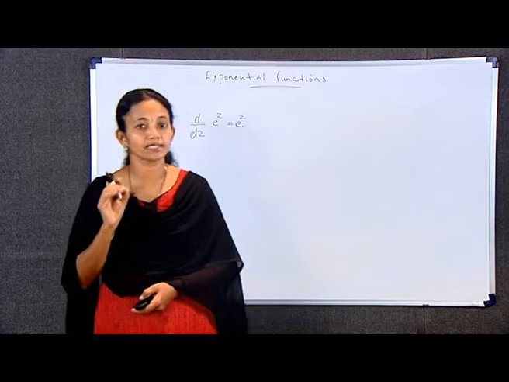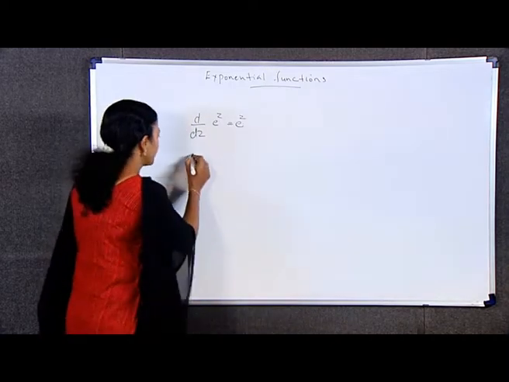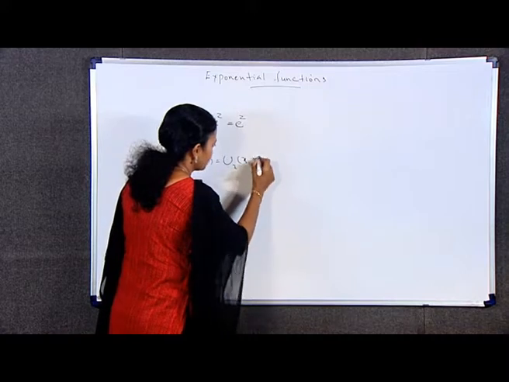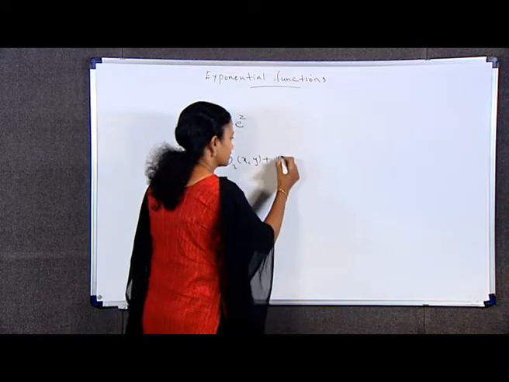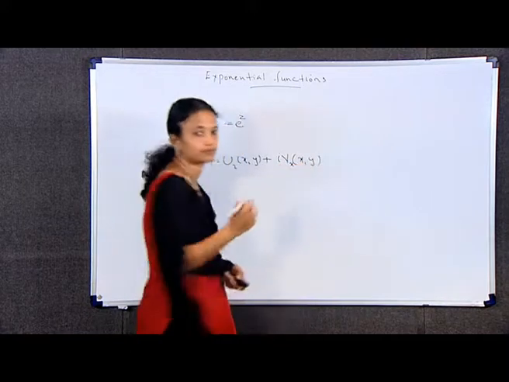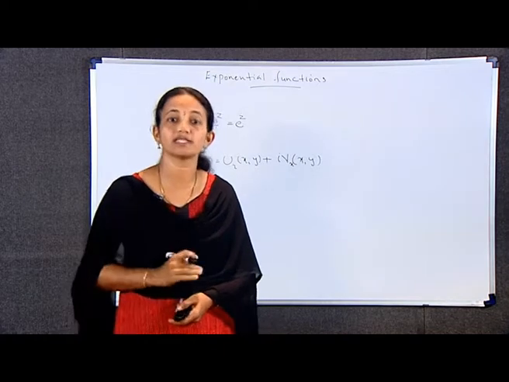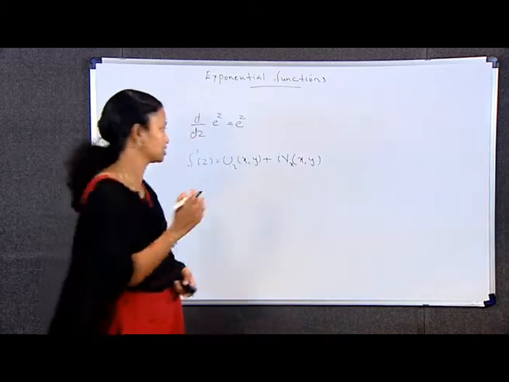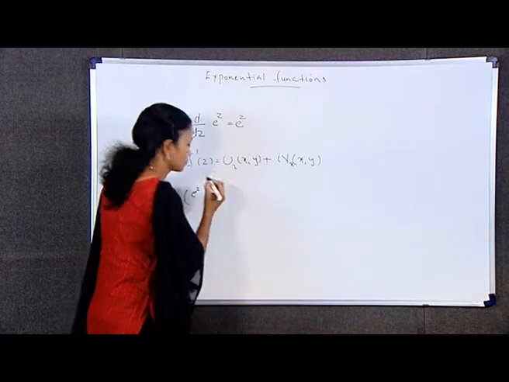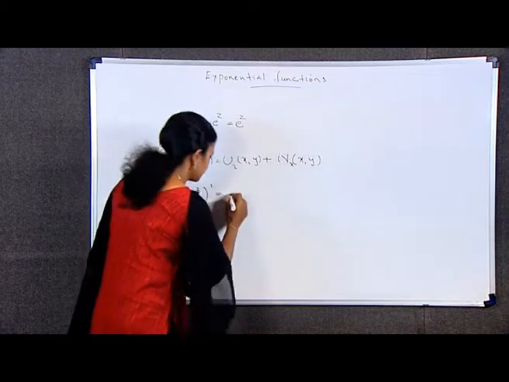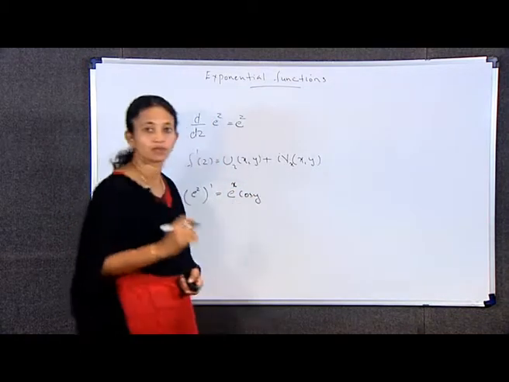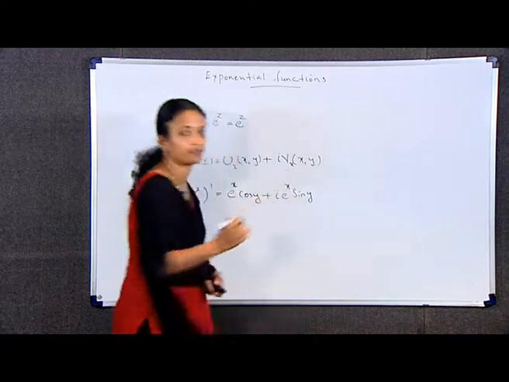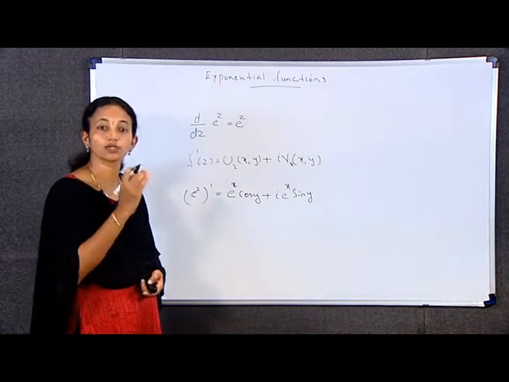Also, since e raised to z is differentiable, using the formula f dash of z is equal to u x plus i v x, for the derivative with u equal to e raised to x cos y and v equal to e raised to x sin y, we obtain e raised to z dash is equal to e raised to x cos y plus i e raised to x sin y, which we can write as e raised to x into cos y plus i sin y.